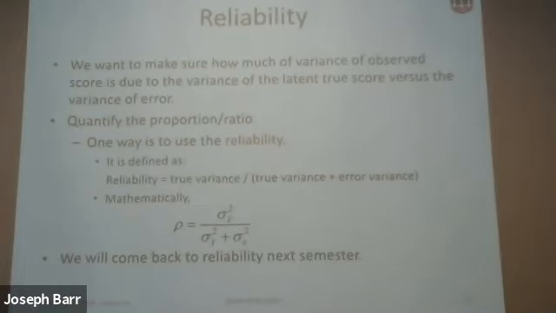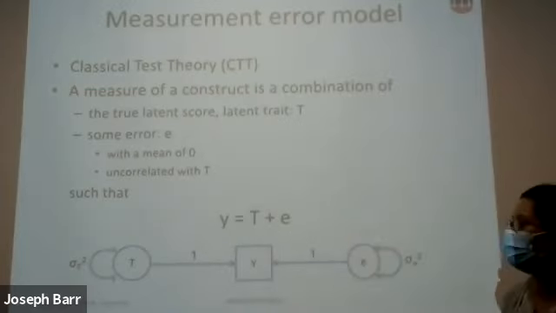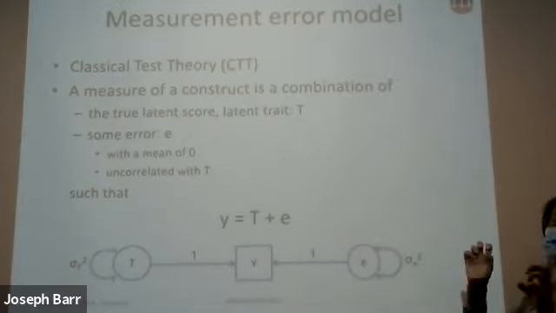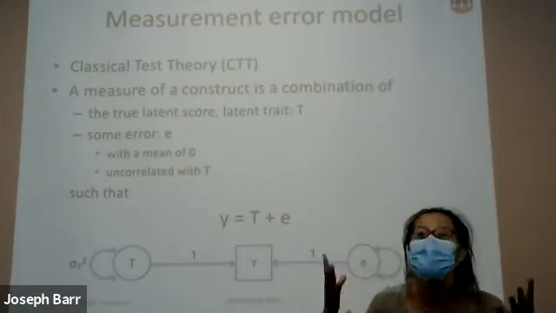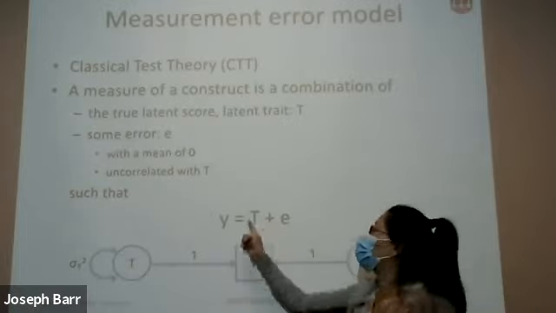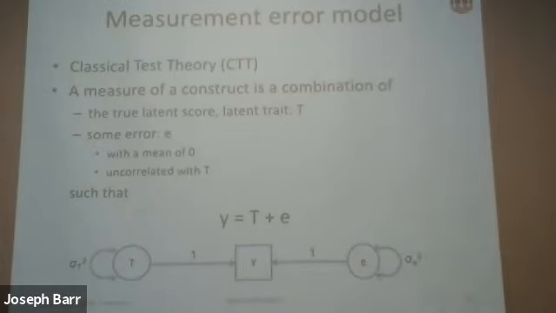Reliability is a quantity that tells us how much of the variance of the observed score is due to the variance of the latent true scores versus measurement errors. As I mentioned before, we have two parts, the true score part and the measurement error part. We want to do a comparison and find a ratio, about the variance of the true scores and the variance of the observed scores.